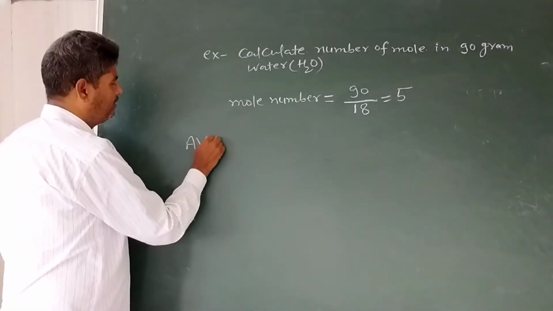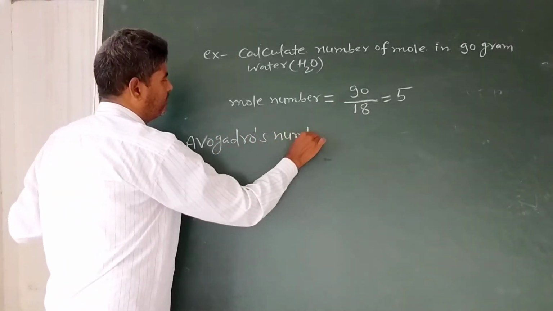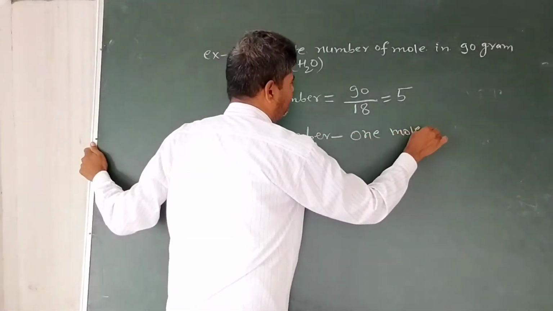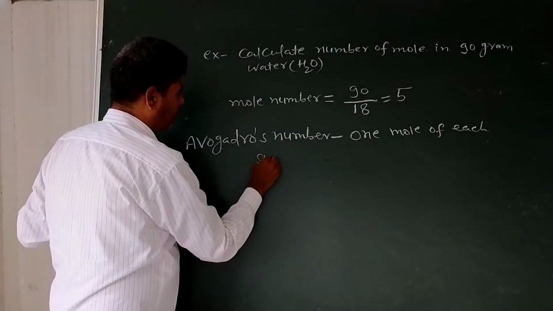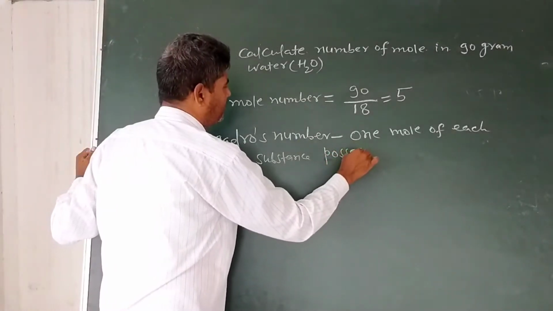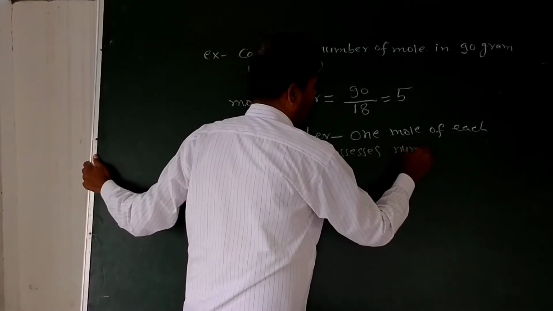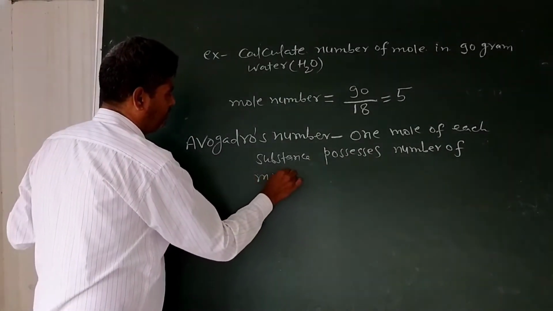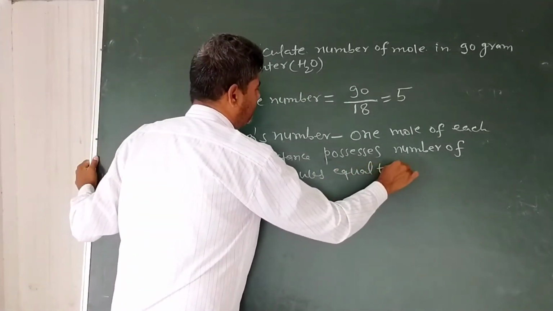Avogadro number. One mole of each substance possesses number of molecules equal to NA.